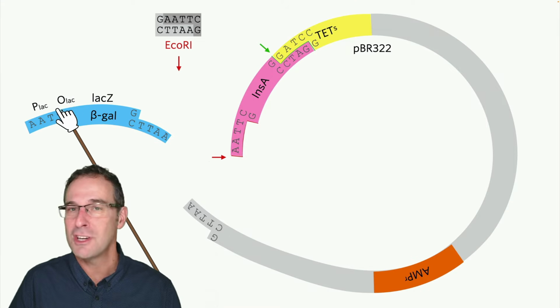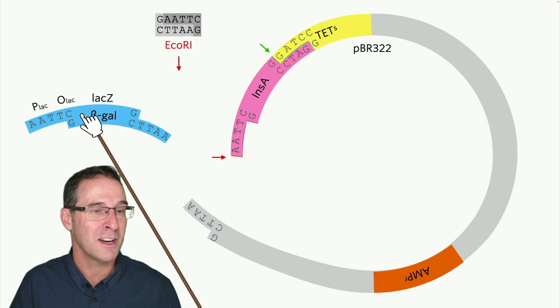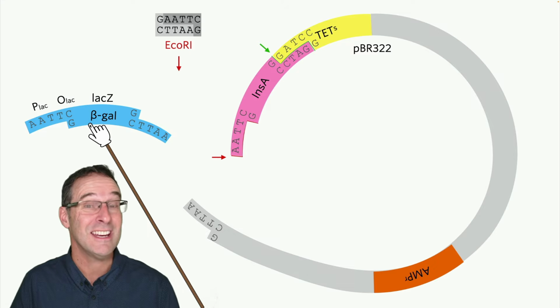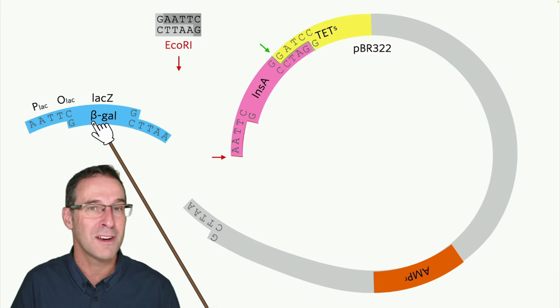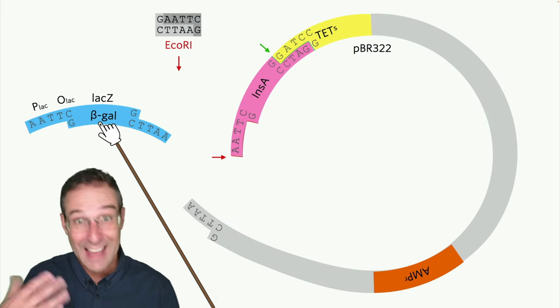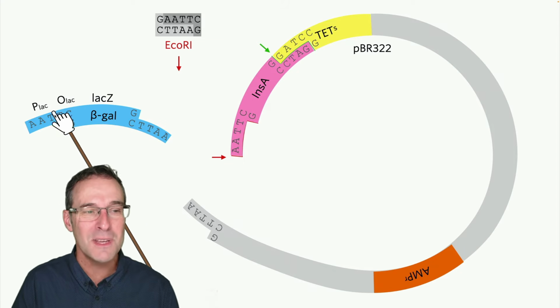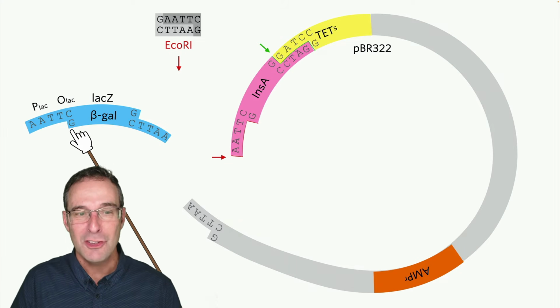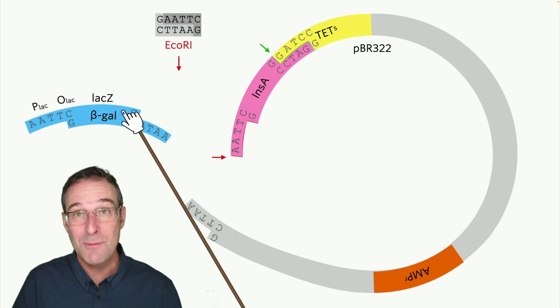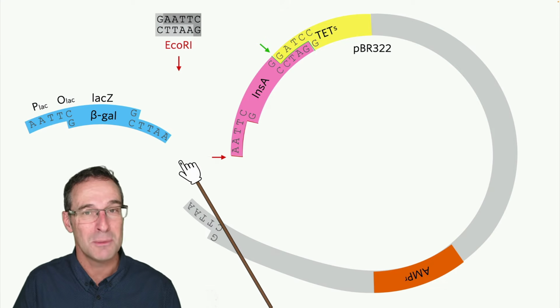Okay, so this is just like at the beginning of an operon. In fact, the lacZ gene comes from an operon. It's one of the genes from the lac operon. All right, so we take this, but it's been cut using EcoRI, the same restriction enzyme that we've used to cut open the plasmid here.